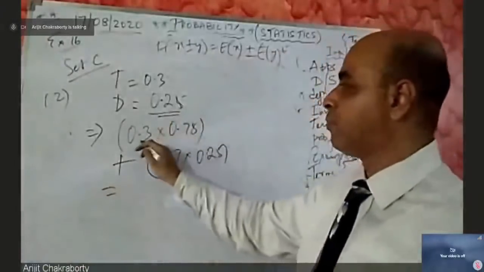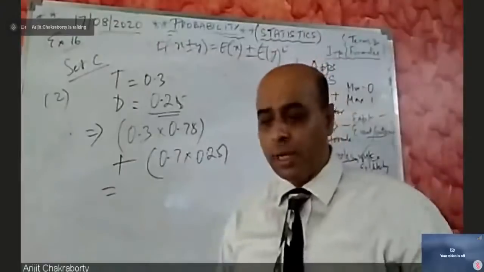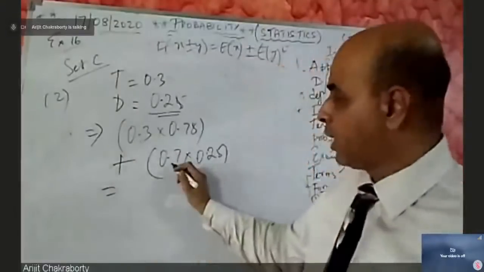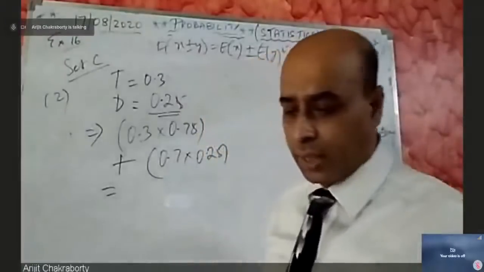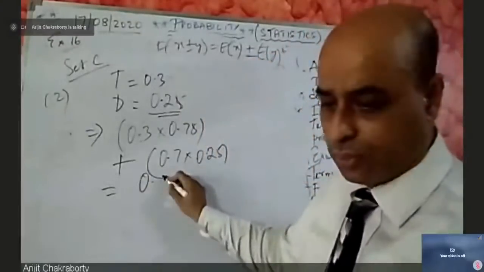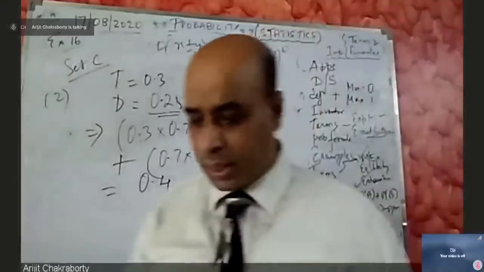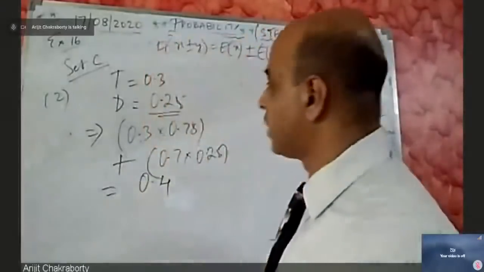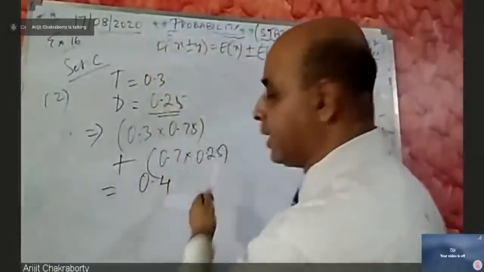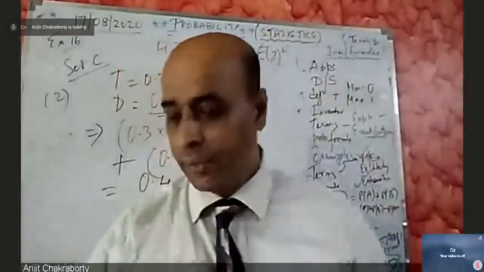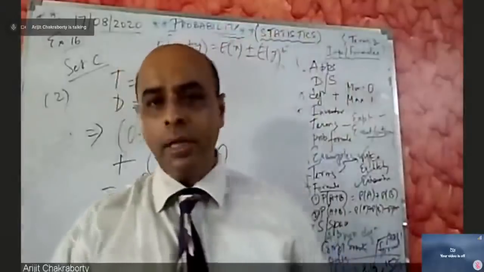So if you add it up, 0.3 into 0.75 plus 0.7 into 0.25, finally it will come to 0.4. That is 3 by 10 into 75 by 100 plus 7 by 10 into 25 by 100. It will give you 0.4.